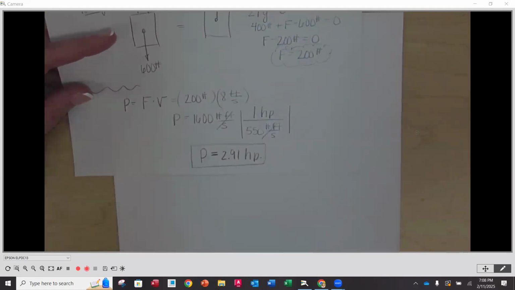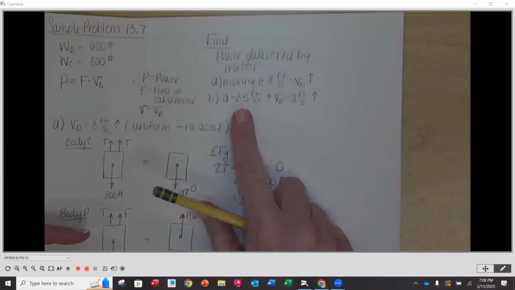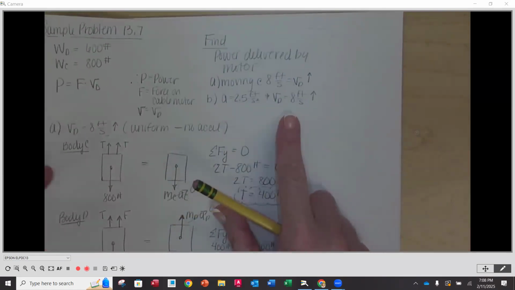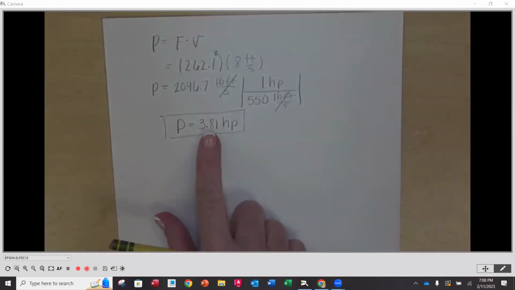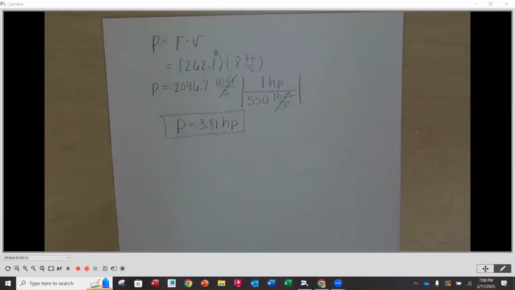The second way that we did it is we had an acceleration when it hit that 8 feet per second, and we have a power of 3.81 horsepower. How do you feel about that number being larger for the second set of conditions than the first set of conditions? Pretty much by a full horsepower. Does it make sense? Why does it make sense, Josh?